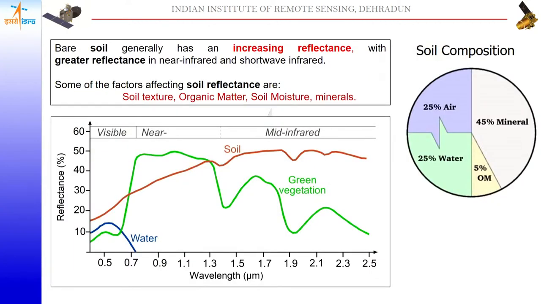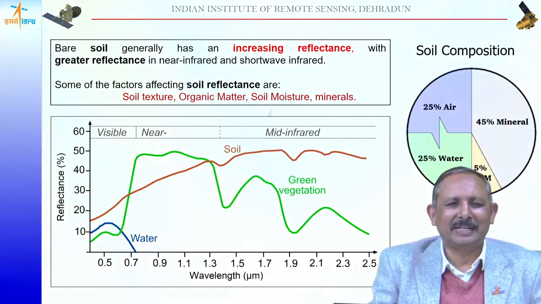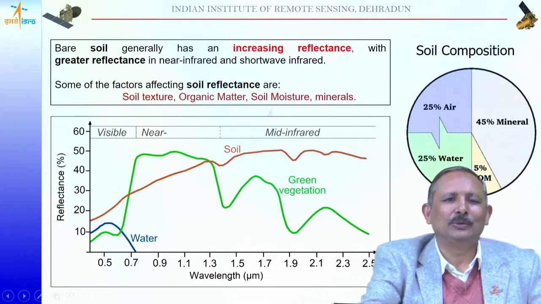When we want to use remote sensing data in soil studies, you are aware that we need to study the reflectance characteristics of the soils. Different types of soils give very distinct spectral characteristics. Here it is shown the spectra of soil and vegetation.